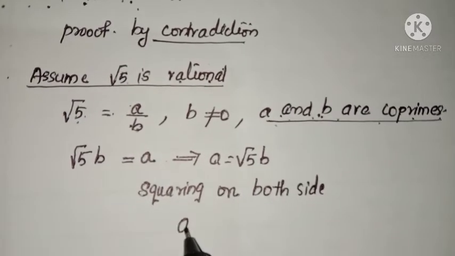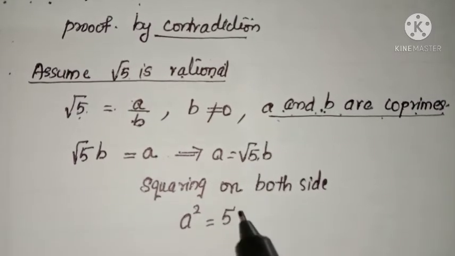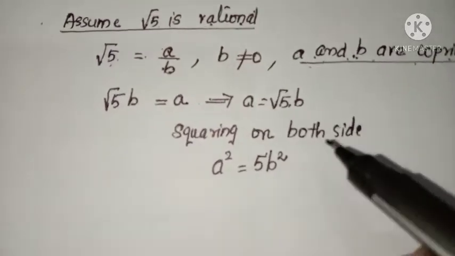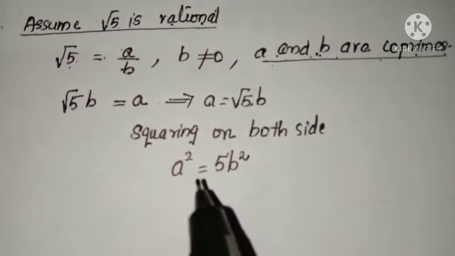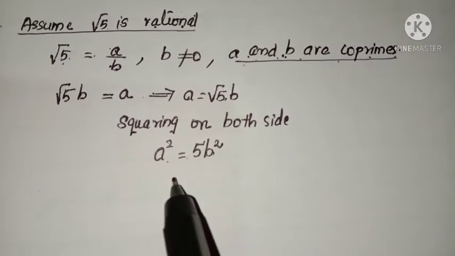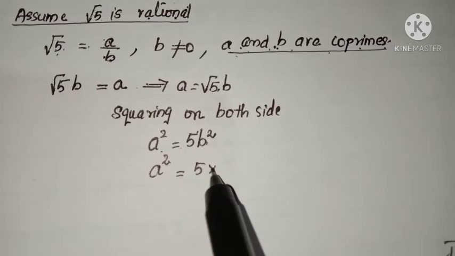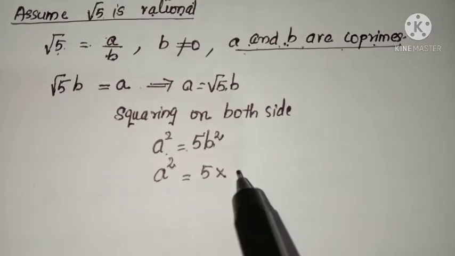So A square is equal to root 5 square, which is 5, times B square. So A square is equal to 5 B square, that is A square is equal to 5 into B square.